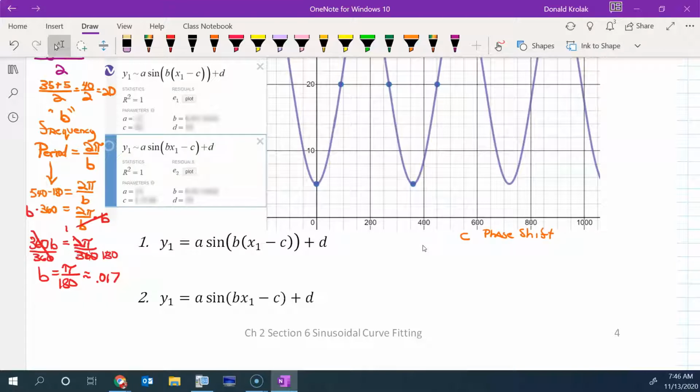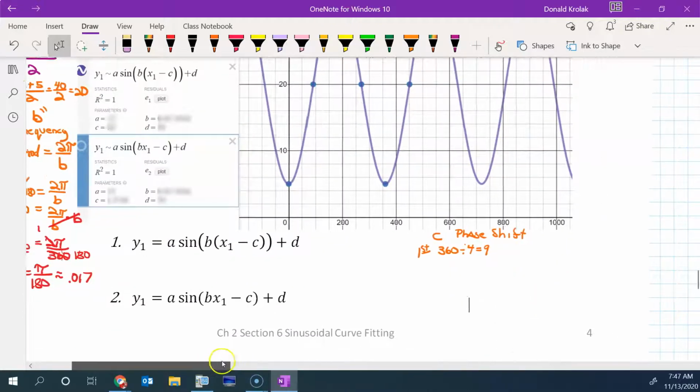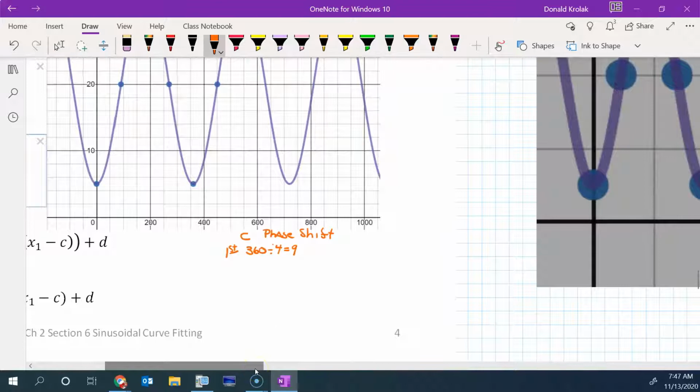Okay, so the first thing said, take the period and divide it into 4 parts. So the period is 360 divided by 4. That's equal to 90. All right, so here are my 4 intervals. From 0 to 90 is an interval.